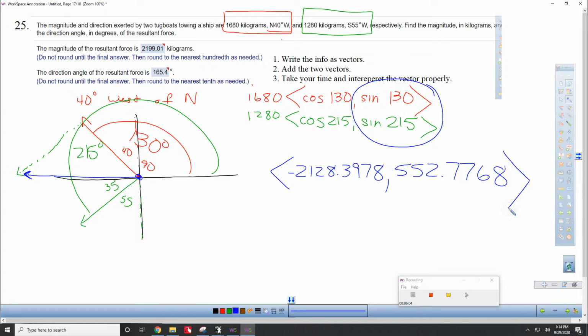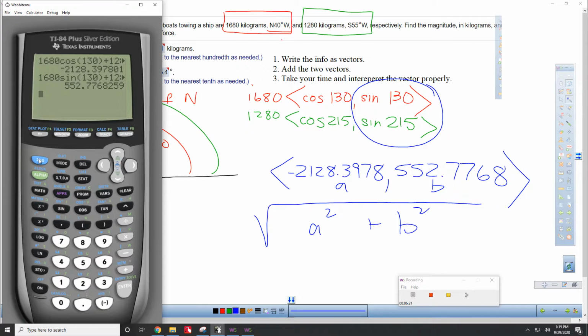When it asks for the magnitude of the resultant force, we're going to do the square root of a squared plus b squared. This is a, and that's b. I'll put negative in there just so you guys feel better. It doesn't matter. 2128.3978 squared plus 552.7768 squared.